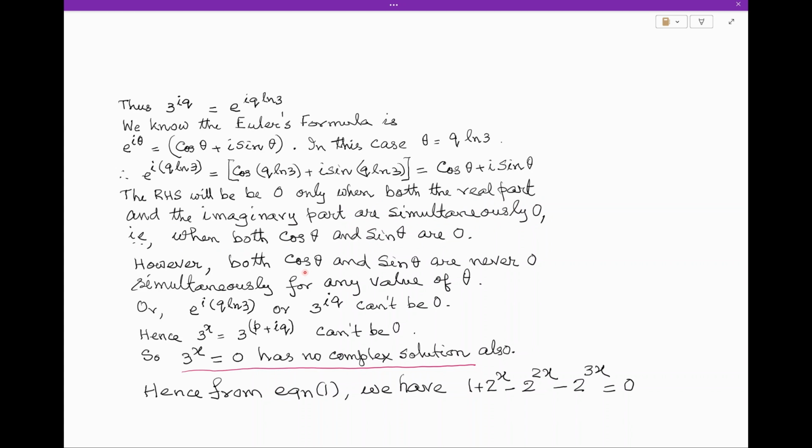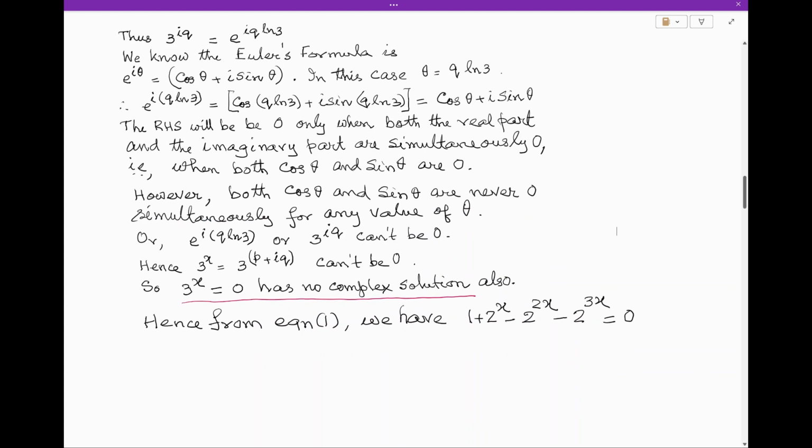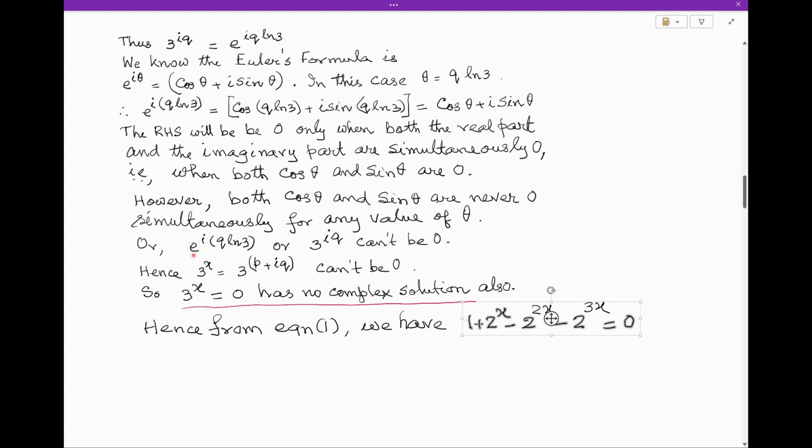However, cos theta and sin theta are never 0 simultaneously for any value of theta, so e to the power of i q natural log of 3, which is the same as e to the power of iq, can never be 0.